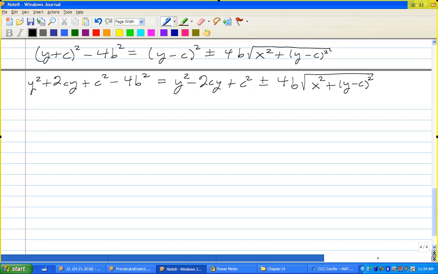Okay, so let's simplify this. Subtract y squared, add 2cy, cancel out the c squares.